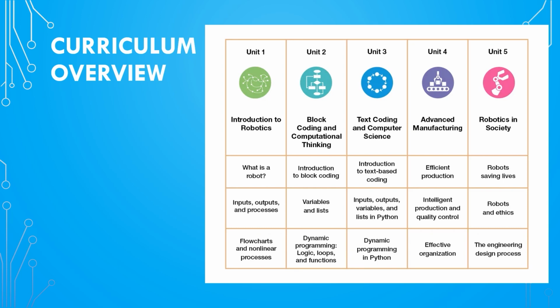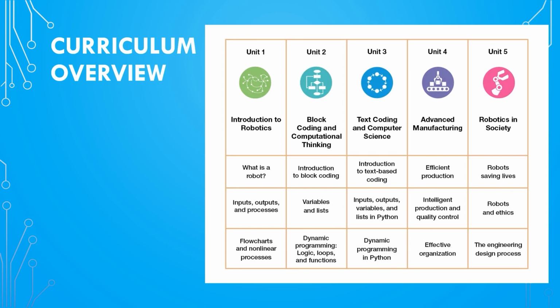And then in the third lesson in Unit 2, they're going to learn about dynamic programming, specifically logic, loops, and functions. If any of you out there are computer science teachers, you'll know that when it comes to computer programming, at the end of the day, variables, lists, logic, loops, and functions are the most important aspects. Understanding and mastering those tools are incredibly important when it comes to learning how to program a computer or a robot.